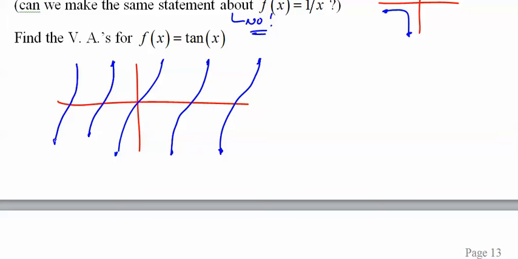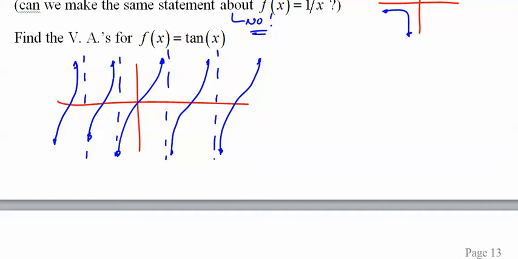You're probably starting to see why trig is so integral to pre-calc, because we use it in regular calc so much. And we would say that the limit as we approach one of those vertical asymptotes, which I'll draw in, would be infinity or negative infinity.